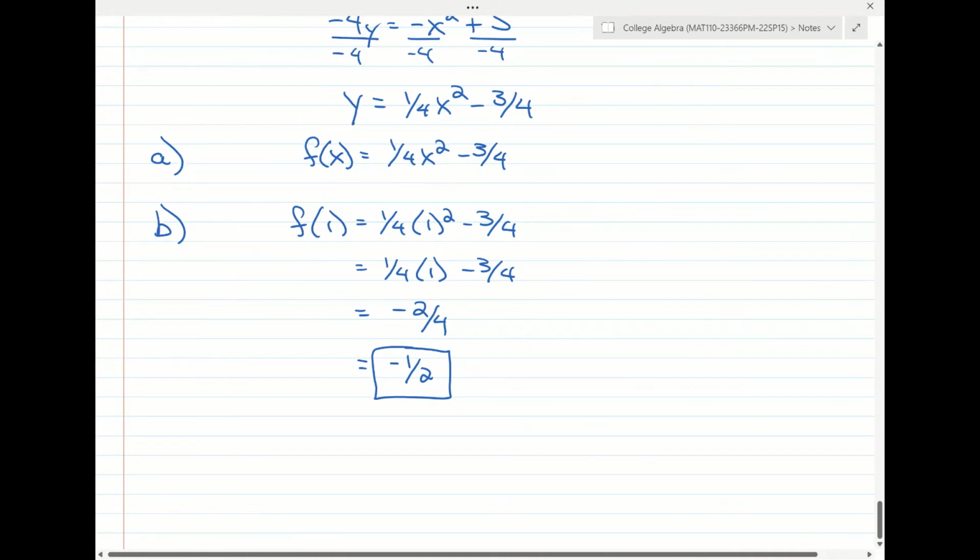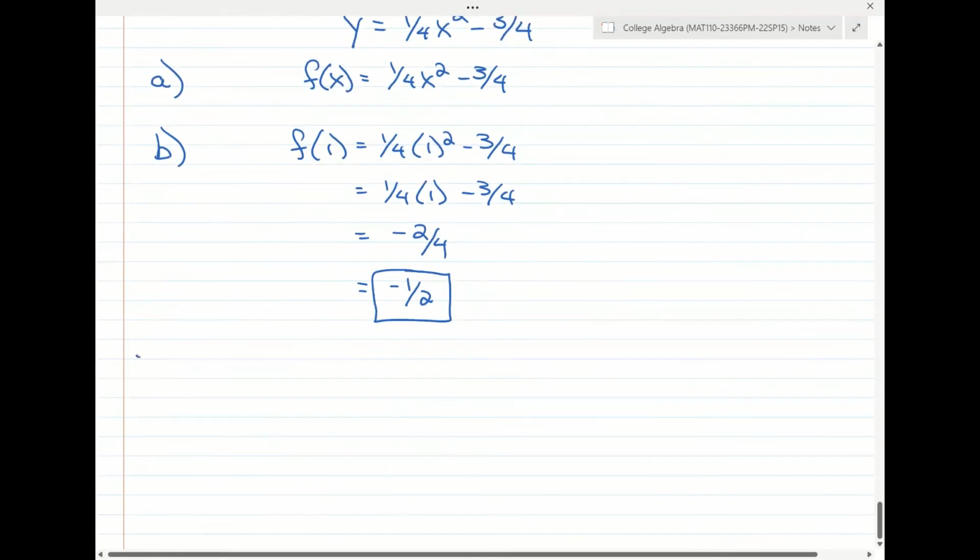Wanted to finish class up with just some graphing problems. So what if I asked you to graph each function and then give the domain and range?